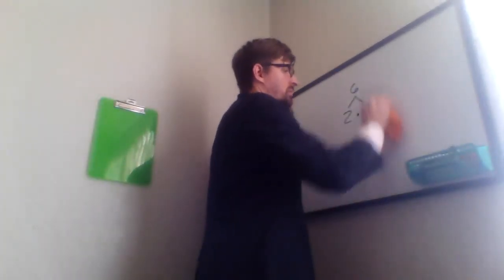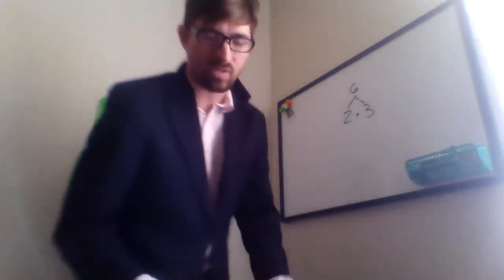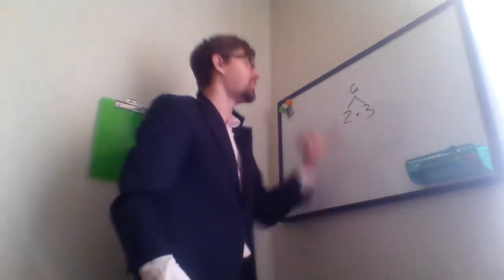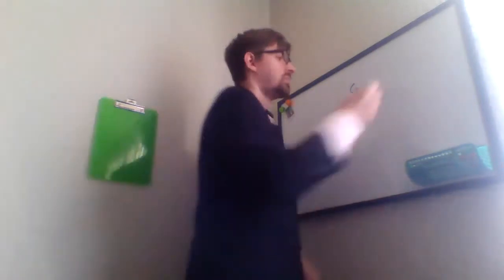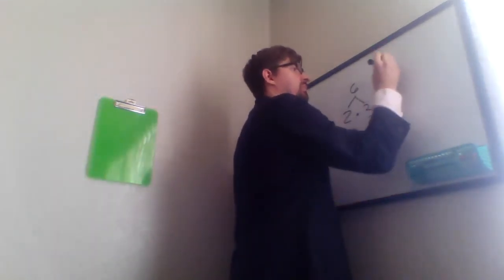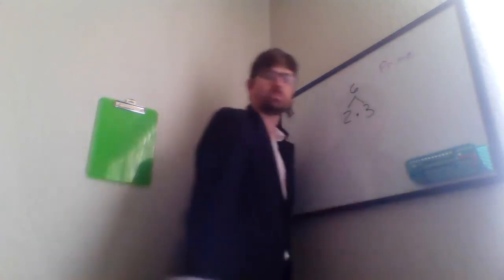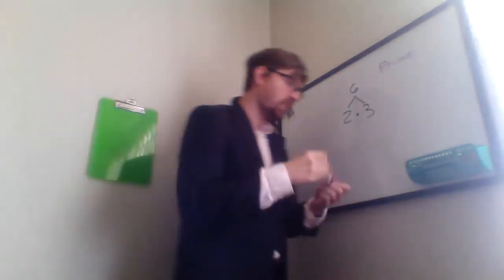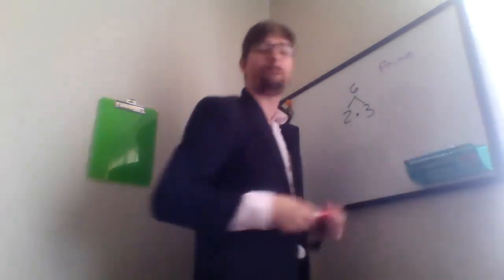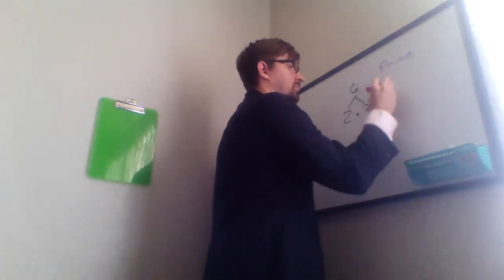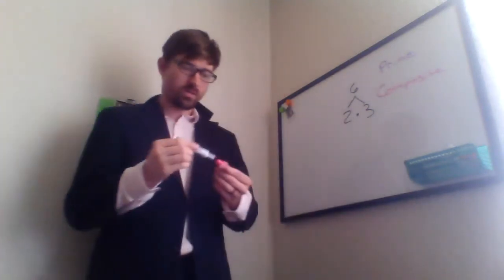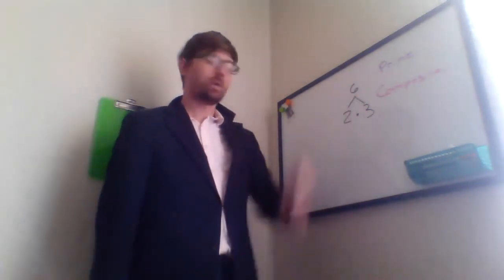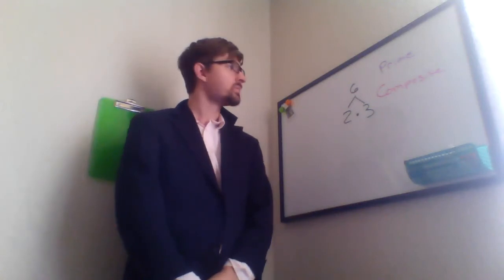Okay. Now, let me talk about these 2 types of numbers, because there are 2 types of numbers that are listed right here. Okay? There are, like I mentioned before, prime, okay, and then there are what we call composite. Okay, so prime, composite. All right.